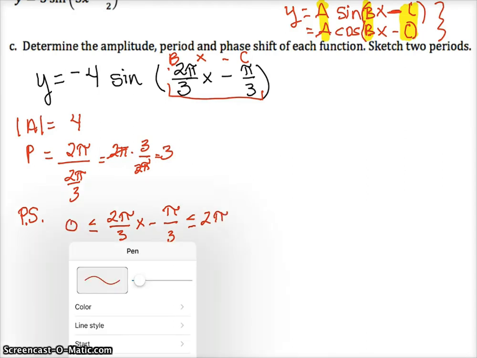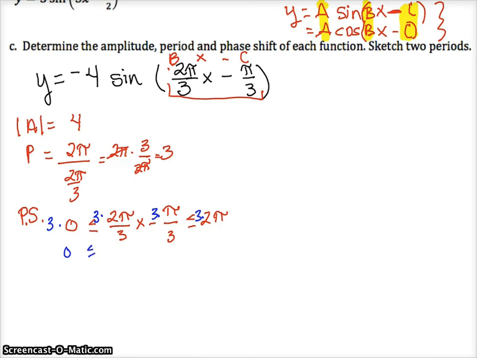So in the last video, we talked about sweeping the fraction or getting rid of the denominator. And I see that my least common denominator here is 3, so I'm going to multiply every term in this inequality by 3. So my new inequality is 0 is less than or equal to 2 pi x minus pi is less than or equal to 6 pi.